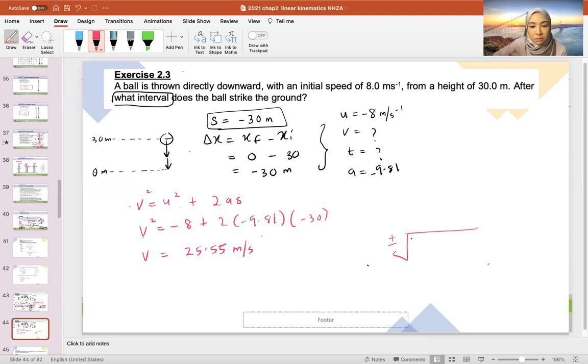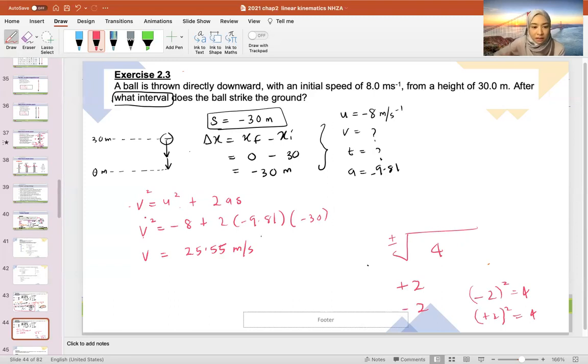I don't know if you guys remember this, but if you square root 4, your answer can be positive 2 or negative 2. Negative 2 squared is 4. Positive 2 squared is 4. So your answer for a square root will always give you a positive or a negative.